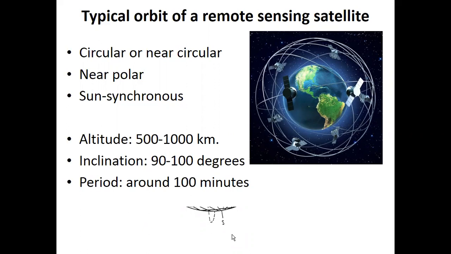And also the inclination, as I told, is very high, so it is a near-polar orbit. And usually the period of rotation around the Earth is just about 100 minutes, an hour and a half approximately.